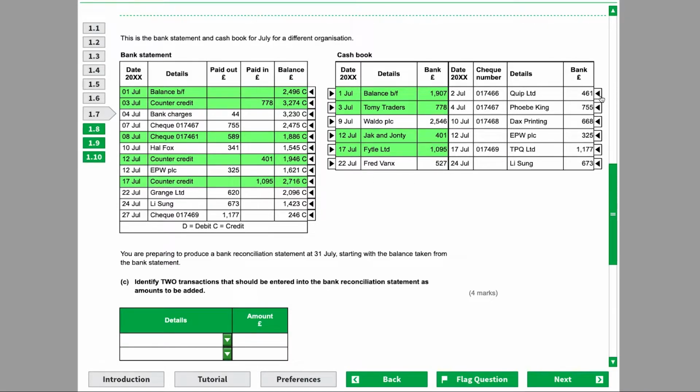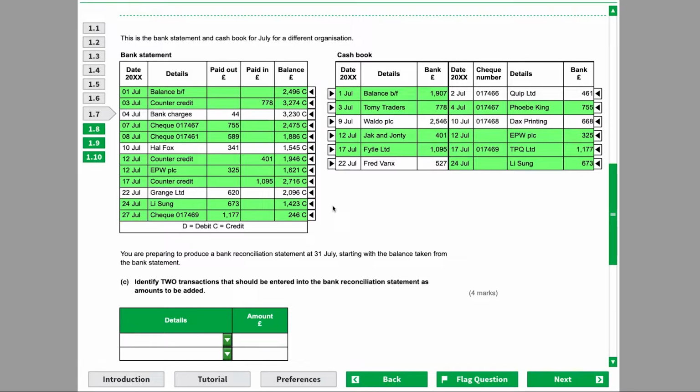So we've got 755, 755, 325 and 325, 1177, 1177, and 673 and 673.